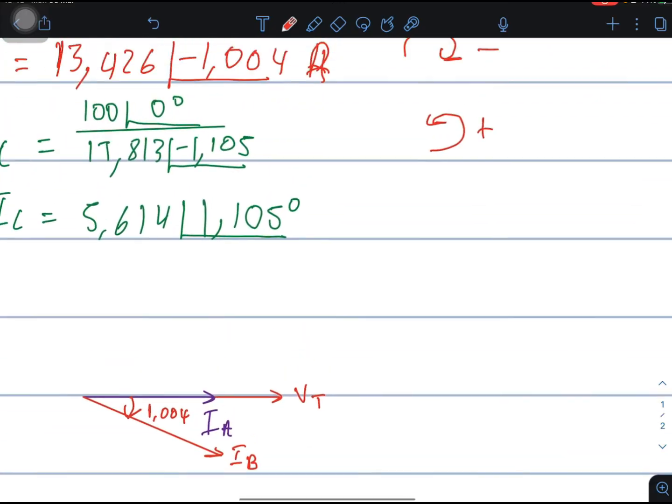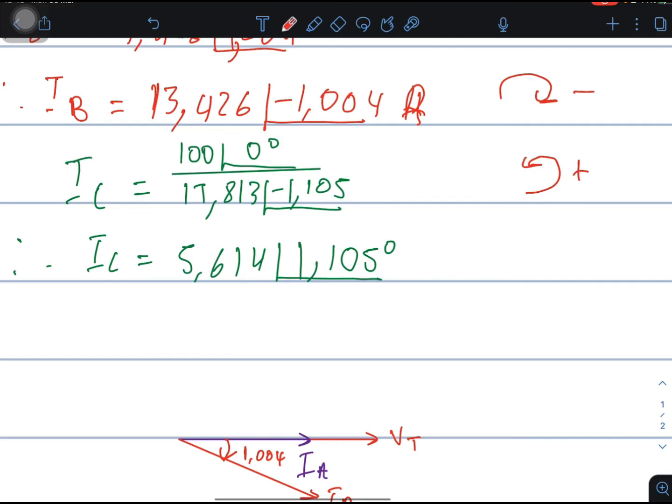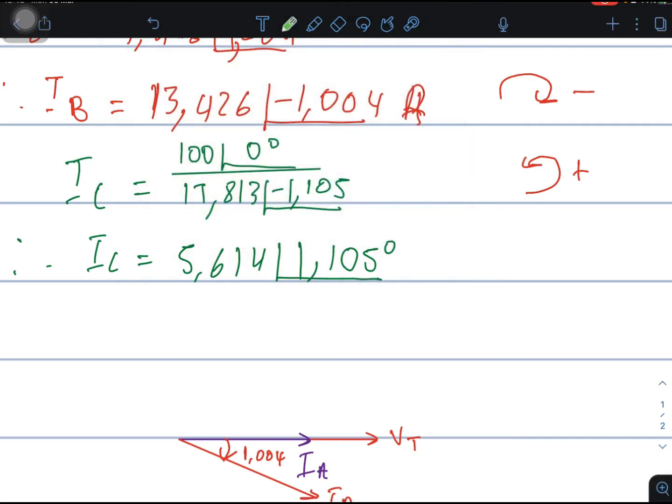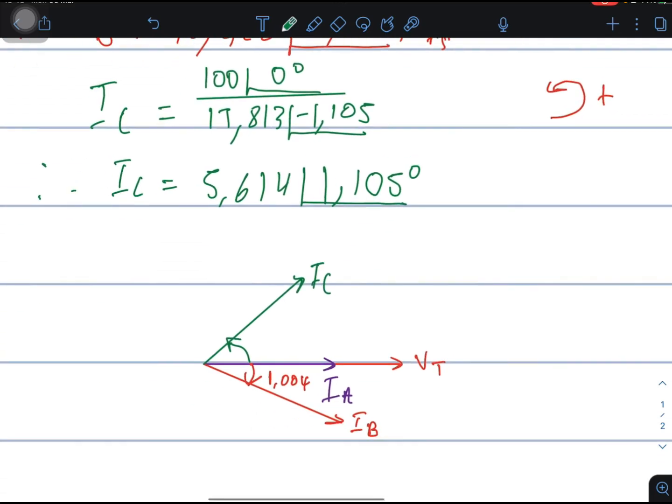Then when it's positive, for example IC, the angle is 1.105 degrees, going anti-clockwise.